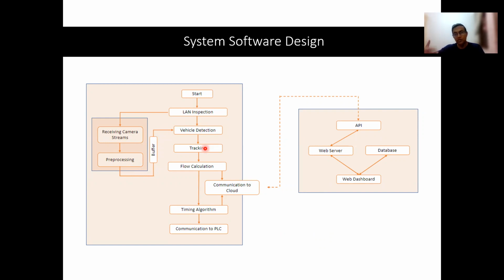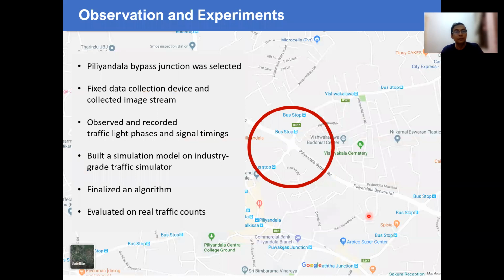You keep that information and see where the vehicle is in successive images, and you do the flow calculation, lane change, etc. So that's the software flow.